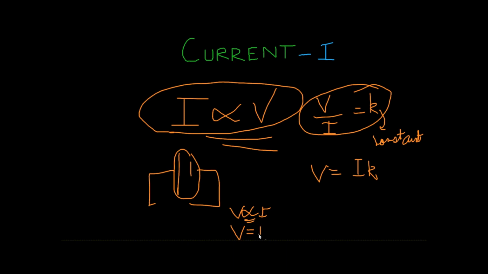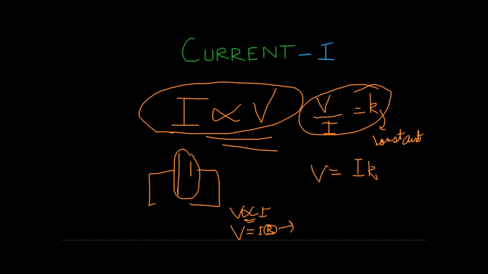So I may say V is equal to IK. Now I don't really say K, but I just make it an R and tell you that R here, guys, which is resistance, is nothing but a constant of proportionality. So whenever you remove this proportionality sign, you just induce a constant of proportionality into this relation. So that's pretty much about Ohm's law.